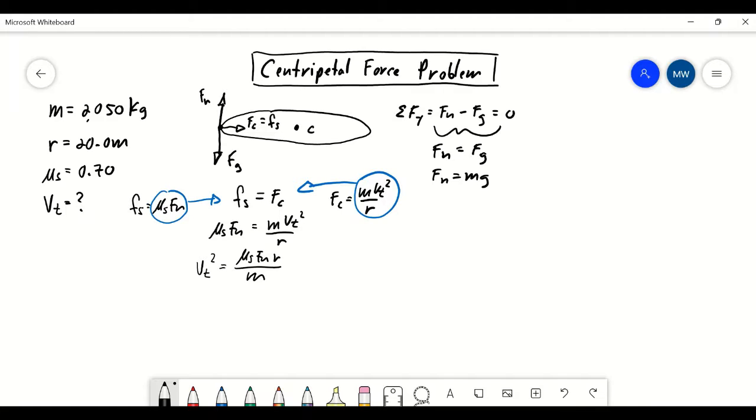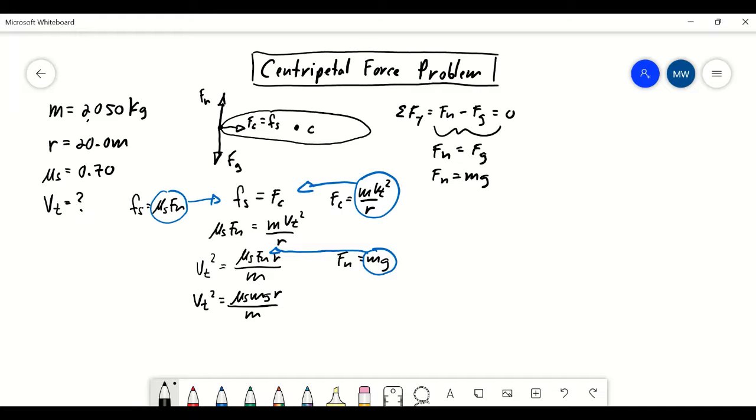But remember, right over here we just found that the normal force is equal to mg. Normal force equals mg. So I can do one more substitution. I can take this and put that in place of the normal force. And so now I would have vt squared equals mu s mg r over m.